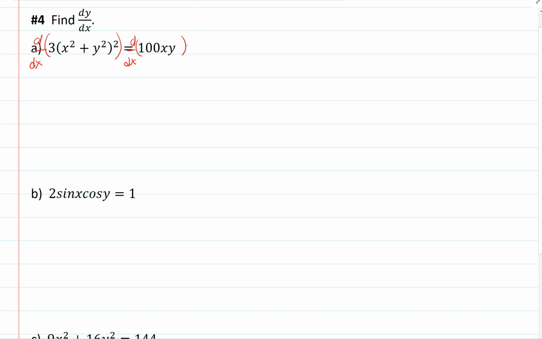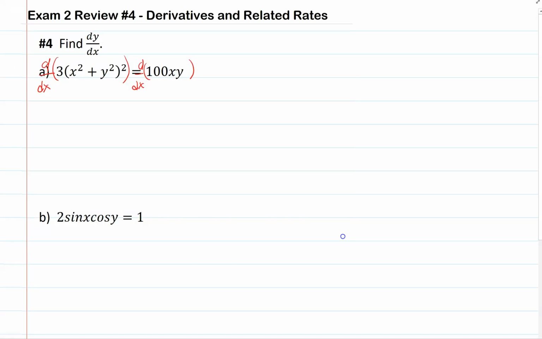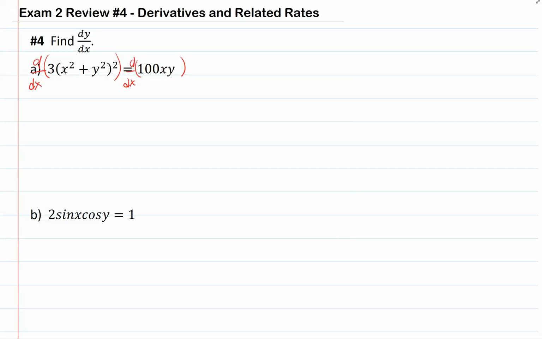Okay, so in this case, x is our variable and y is a function in terms of x, so the chain rule will apply there on the y, which is what implicit differentiation says. On the left-hand side, the derivative would be a chain rule with a sum inside.